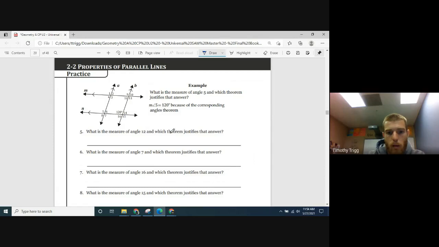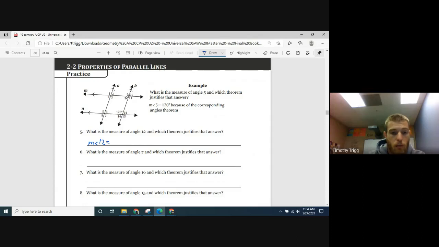What is the measure of angle 12 and which theorem justifies that answer? So I'm going to write the measure of angle 12 equals, let's look. Where's angle 12? Here it is. Okay. Now the only angle we know the measurement of is this 120 degrees right here. Well, what's the relationship there with angle 12? Well, looks like they're same side interior, right? Same side interior. So same side interior, these are going to be supplementary to each other.